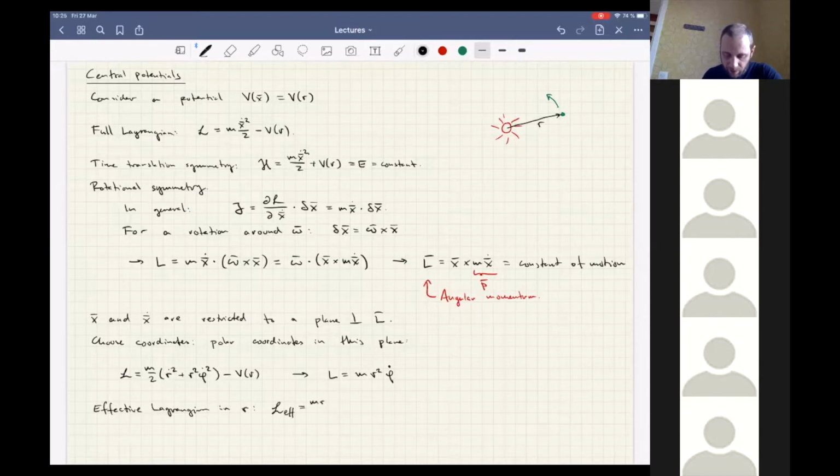I'm going to have m r dot squared over 2 as the kinetic term, and then minus V of r plus L squared divided by 2m r squared. So this here is the effective potential, which we call V effective.